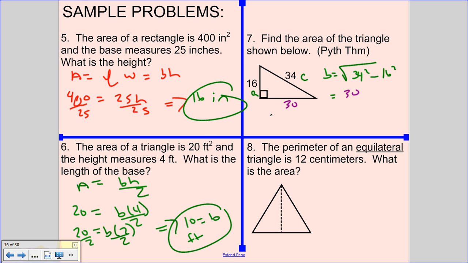Now we can find the area. Area is equal to base times height divided by 2, which is equal to 30 times 16 divided by 2.